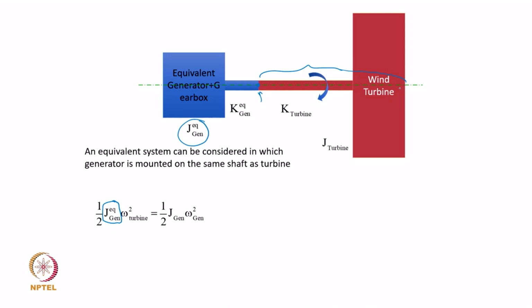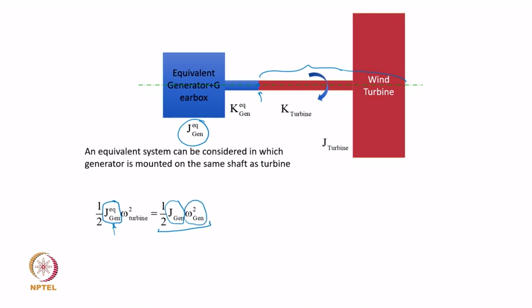So, whatever is the speed with which the wind turbine rotates, the same speed will be for the generator. If that happens, then the inertia of the generator cannot be the original, it has to be changed. But the kinetic energy associated with this should be the same as the original kinetic energy, and the original system had this inertia of the generator. It rotated at this speed omega generator.